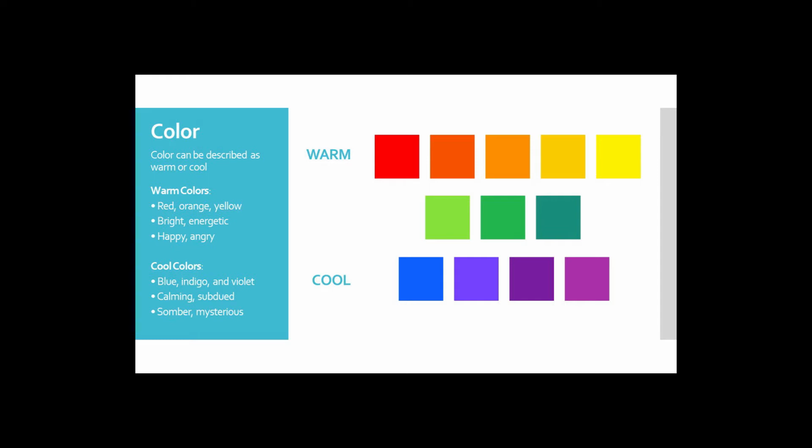And these colors are more calming, more subdued. They can be somber, maybe even mysterious. And then we also have the greens, which kind of hang out in the middle. And it can go either way depending on its exact hue. So if it's a more turquoise or teal, then it could be described as cool. But if it's more of a lime yellow green, then you would describe it as a warm green.